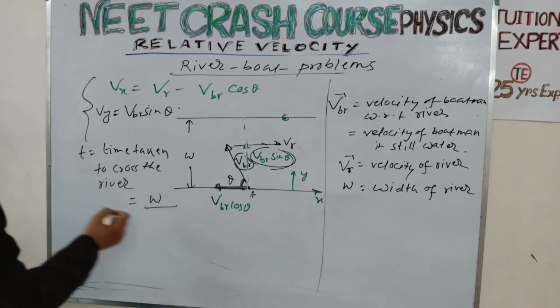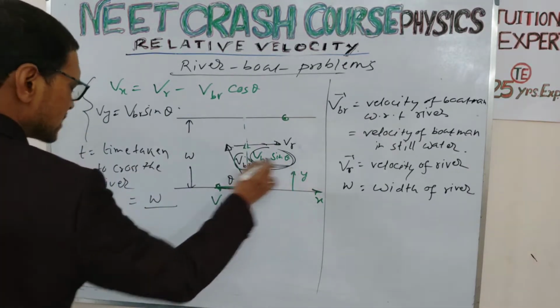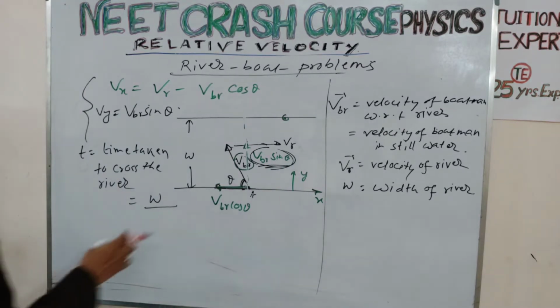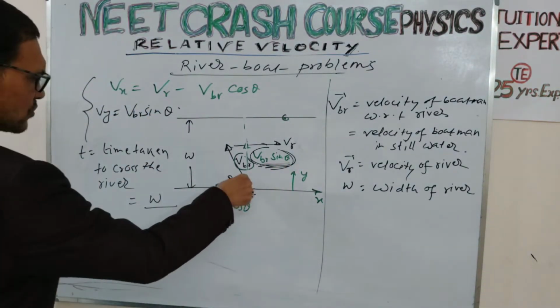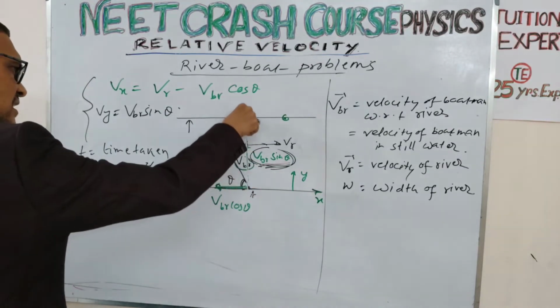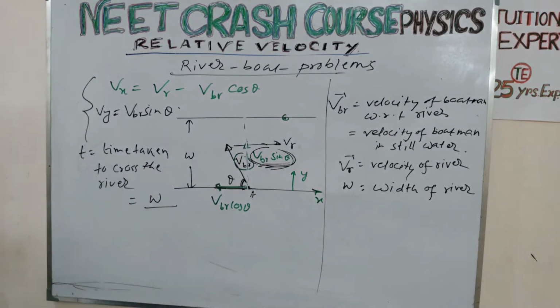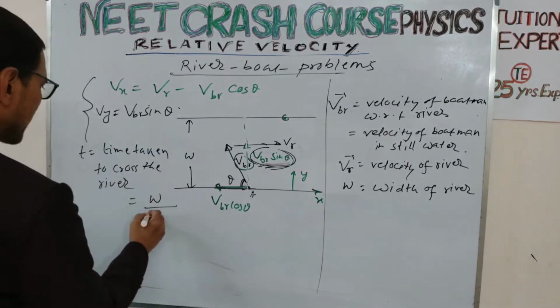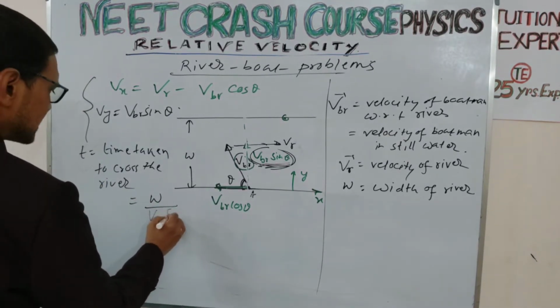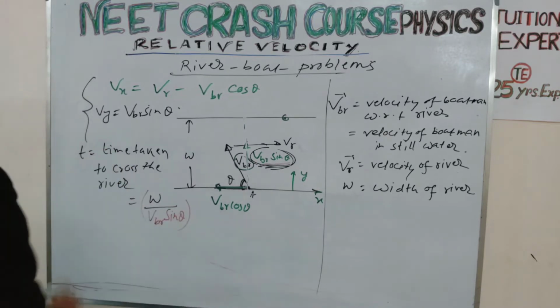So time is equal to W divided by this velocity. So T equals W by VBR sin theta. This is the time taken.